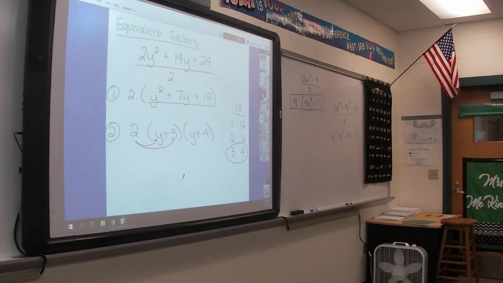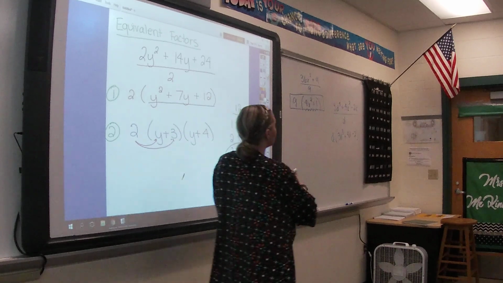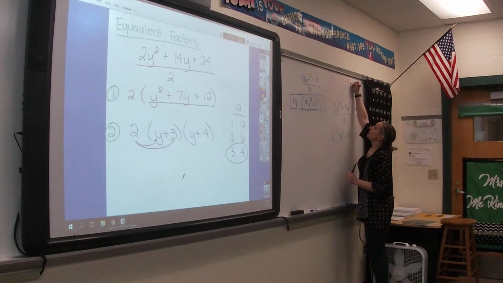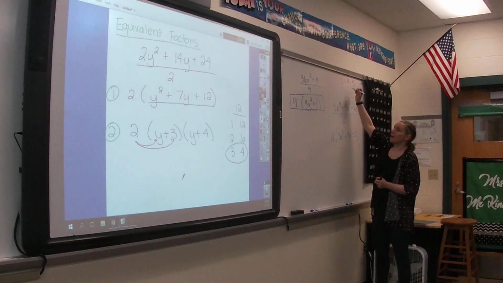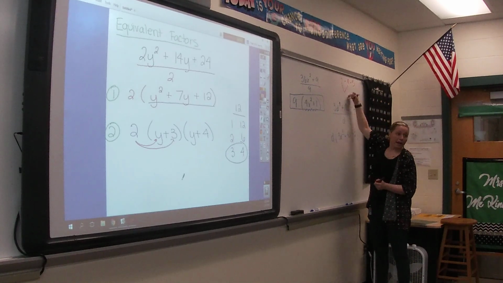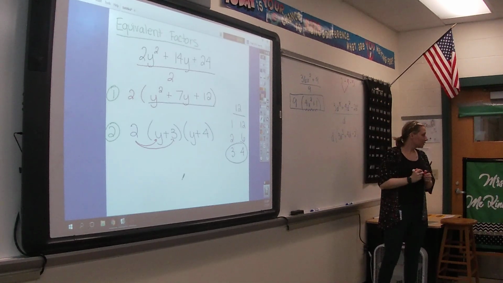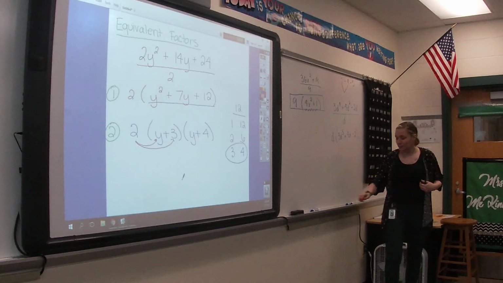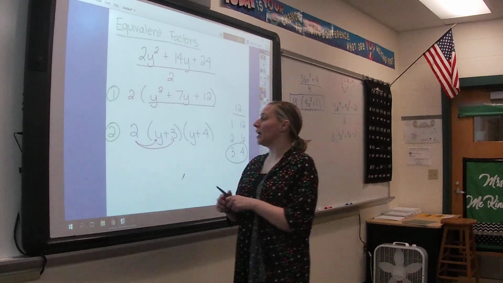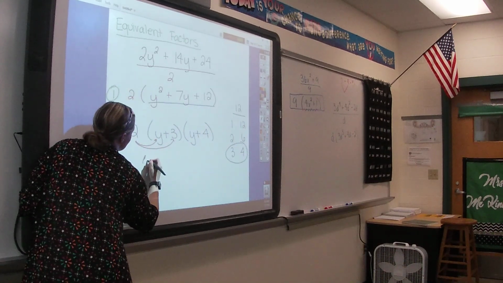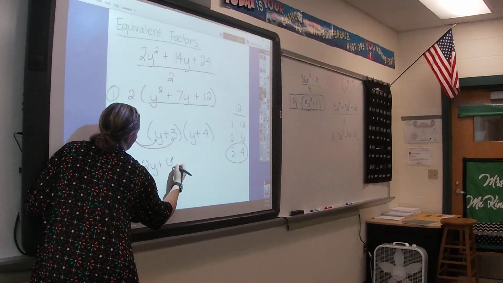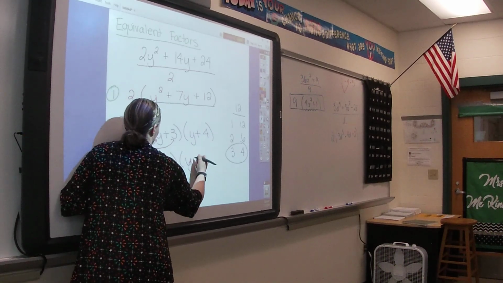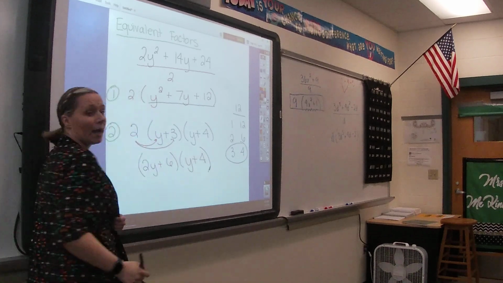When I multiply something that's 3 pieces, so if I wanted to multiply 2 times 4 times 5, I multiply 2 of them, and then I multiply the third. I don't multiply that 2 times 4 and 2 times 5. Just once. So if I distribute this, this becomes a 2y plus 6 and a y plus 4.